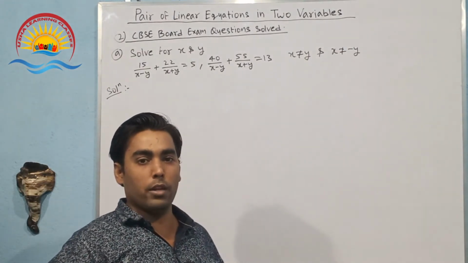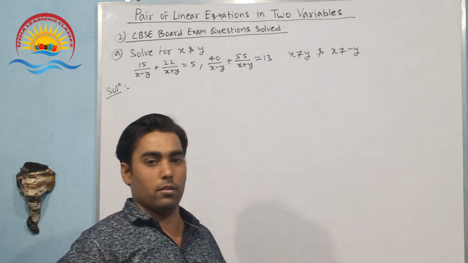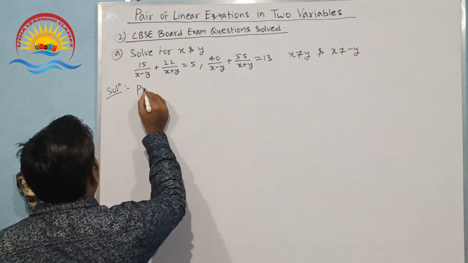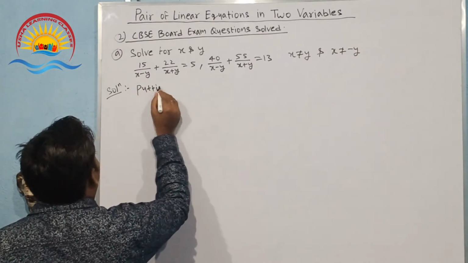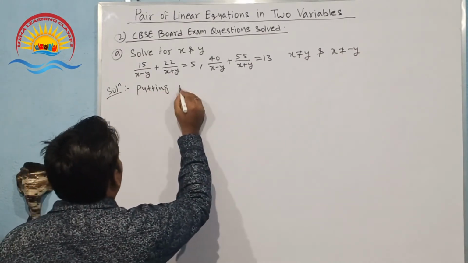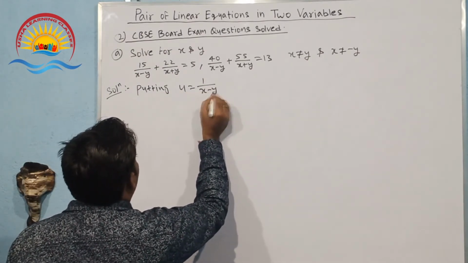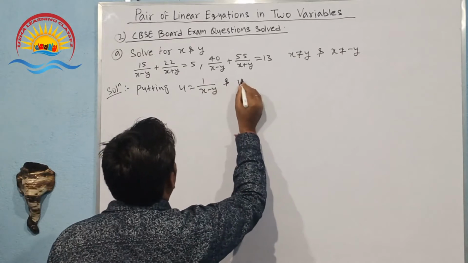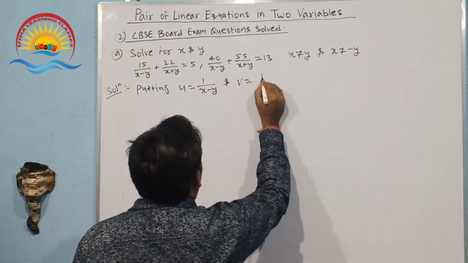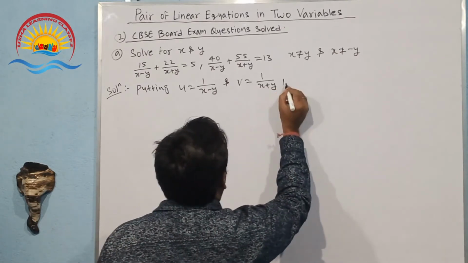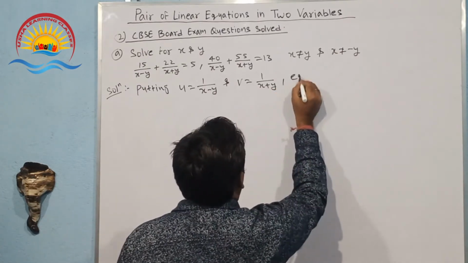We have to reduce them to become linear equations. Let us do that. Putting u equal to 1 by x minus y and v equal to 1 by x plus y.